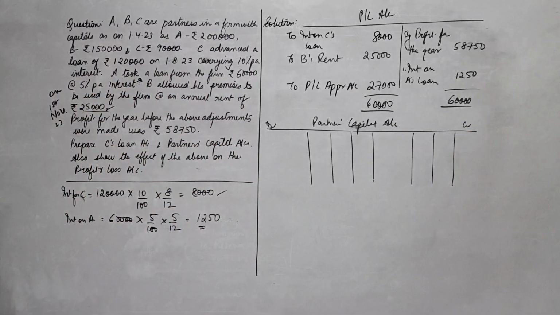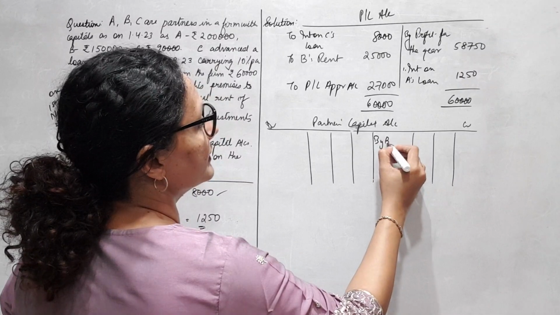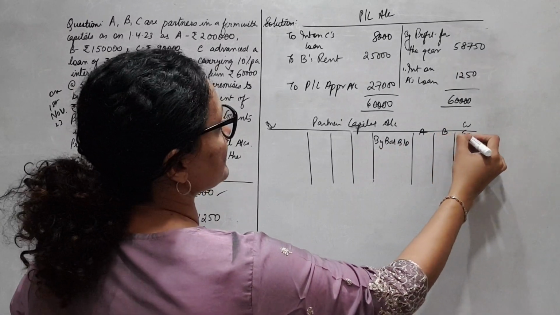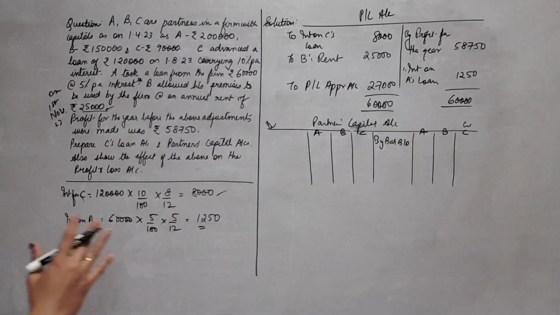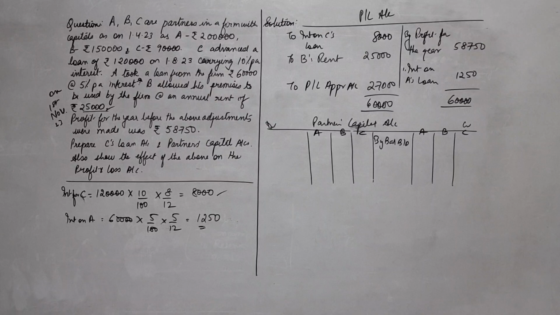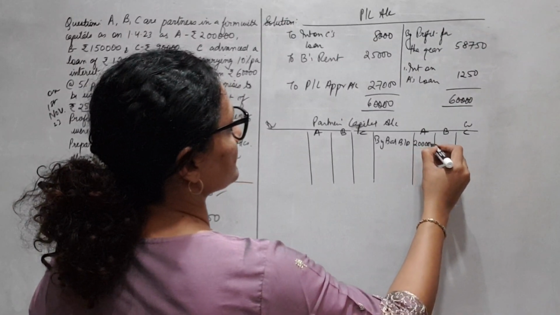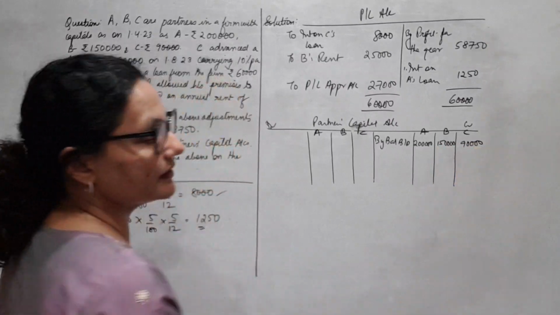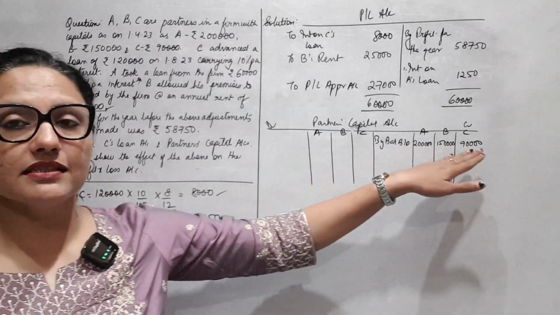We have the opening balances given to us. We do by balance brought down. This is A, B and C. Yes, we draw all the capital accounts together. Balance brought down 2 lakhs, 1,50,000 and 90,000.